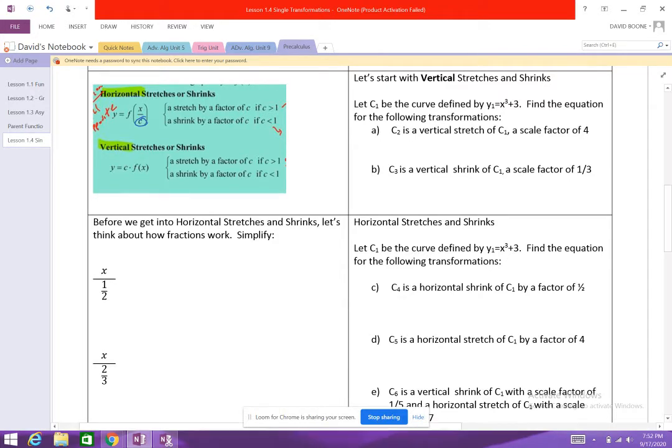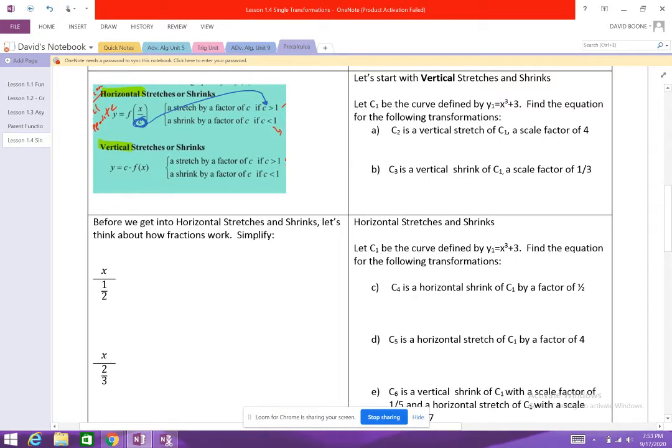So if we're looking at here and we're dividing by a number, and that c value is bigger than 1, so we're dividing by a number bigger than 1, what this will do is stretch it horizontally.